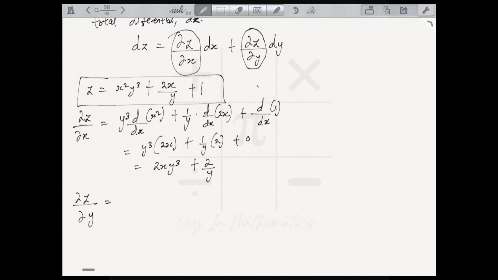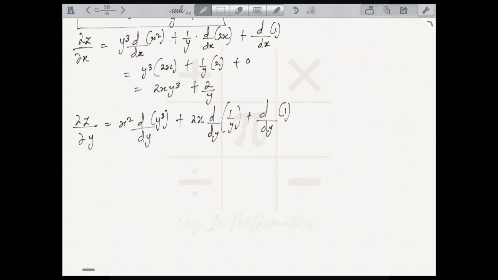So we have x squared multiplied by the differentiation with respect to y of y cubed, plus 2x multiplied by the differentiation of 1 over y, plus dy of 1. So differentiating this, we have x squared divided by 3 multiplied by 3y squared plus 2x.